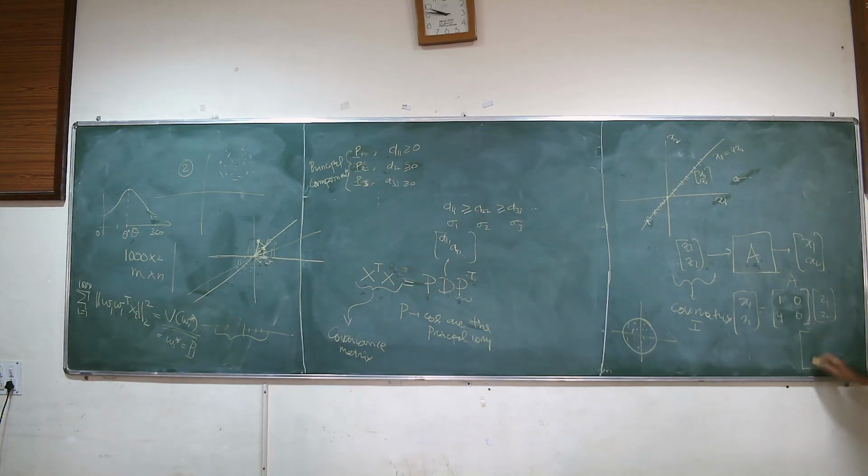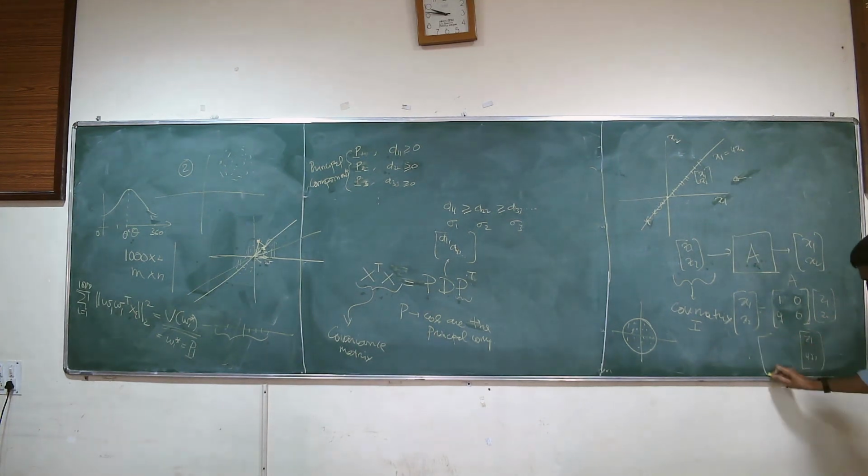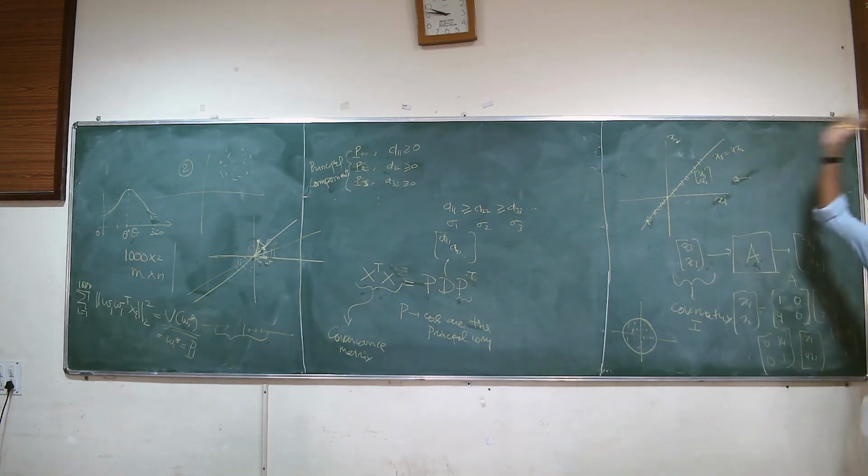What I will get out is Z1, which is any real number, and then 4 times Z1, which will perfectly fit that. Another possibility is 0, 0, 1 by 4, 1. Then I'll get 1 by 4 Z1, Z2. Both of them are the same. I'll still get all the possible points here.